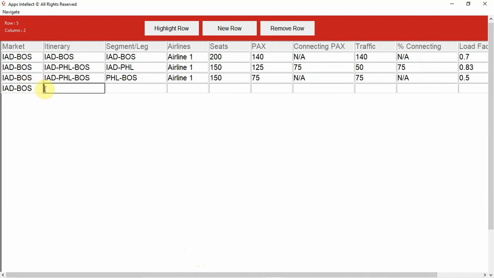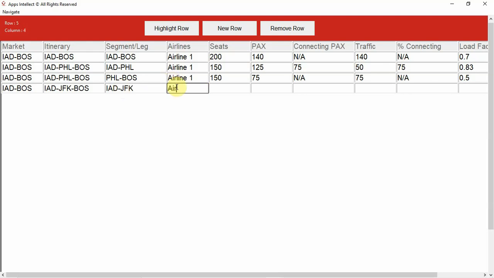Now we'll take JFK, that is New York. So from Washington to JFK to Boston. The first flight segment would be Washington to JFK.